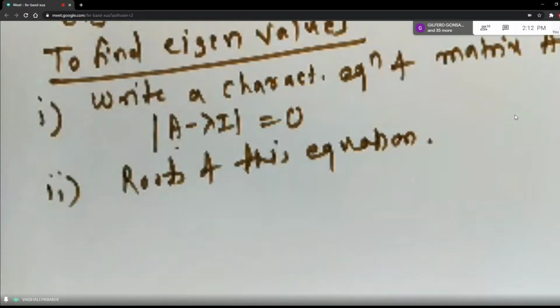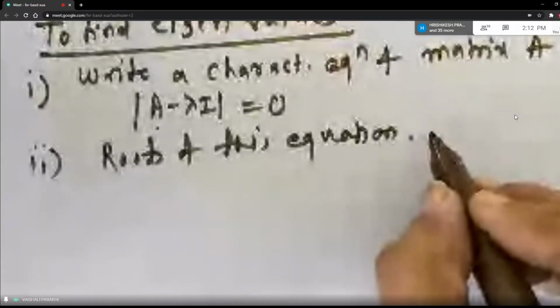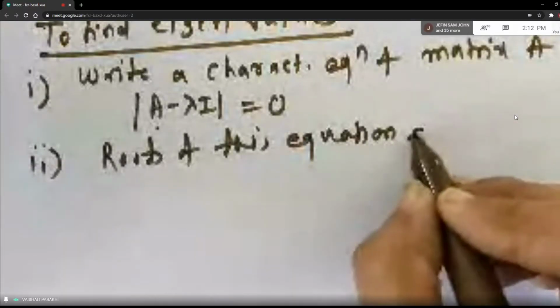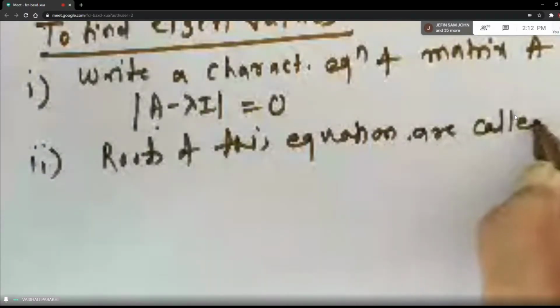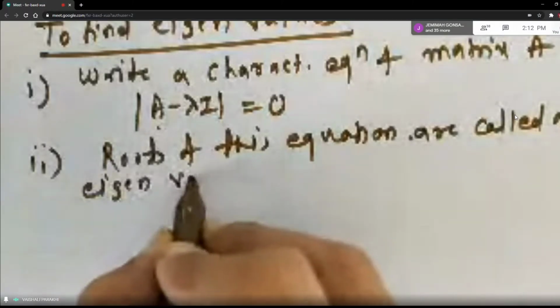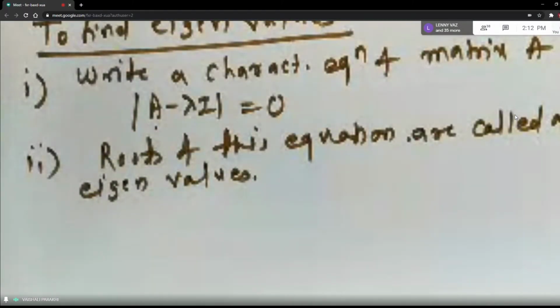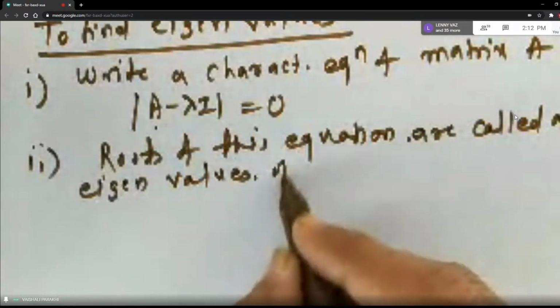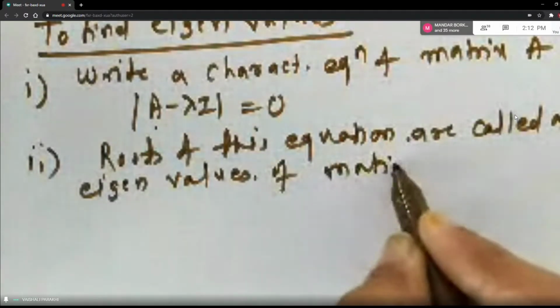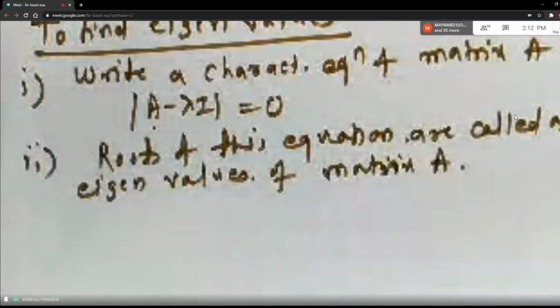Once you get the roots of this equation, these roots are called eigenvalues of the given matrix A. So these are the simple 2 steps, and using these steps we are going to solve the example.